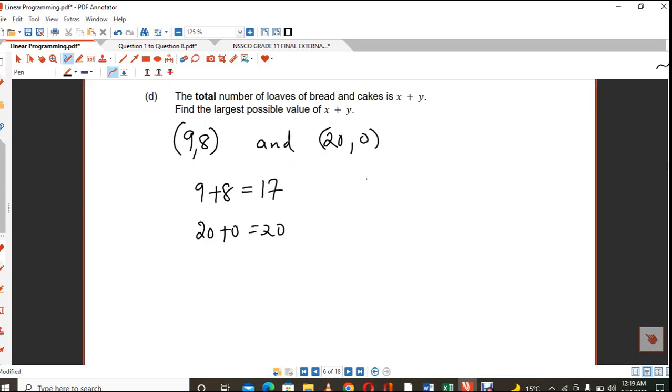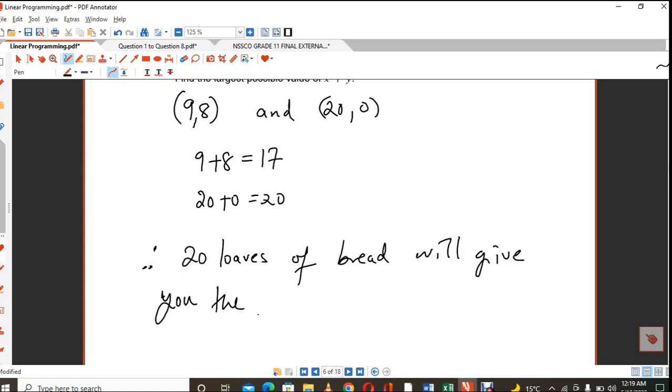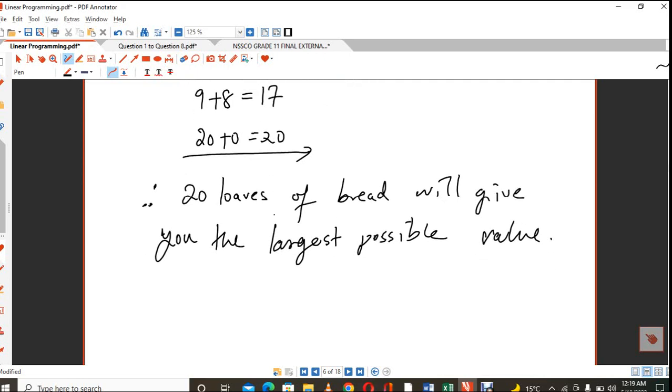And from there, it's very straightforward to say that therefore 20 loaves of bread will give you the largest possible value. All right, so test only those 2 points. No need to go and test everything in there.